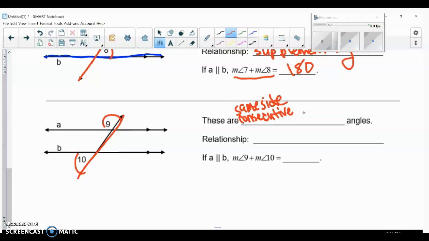Same side, consecutive exterior angles. And these guys are also supplementary. So you should be noticing a pattern by now. Whenever you have 2 parallel lines that are cut by a transversal, the angles are always going to be supplementary or congruent, and you can usually tell which one it is just by looking at them.